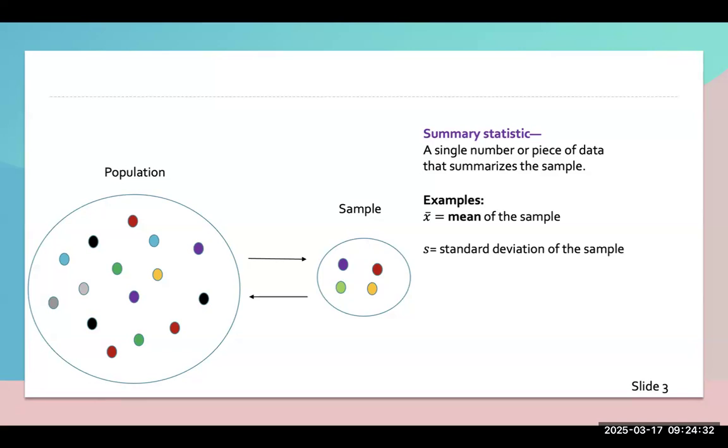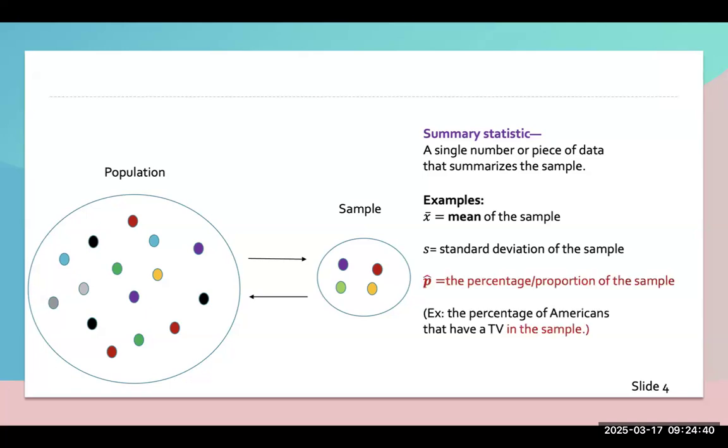So we're going to use these symbols to represent them. Another symbol that we're going to use is p hat, which is the percentage or proportion of the sample. So for example, if you were interested in the percentage of Americans that have a TV, then we would use p hat to denote that percentage.